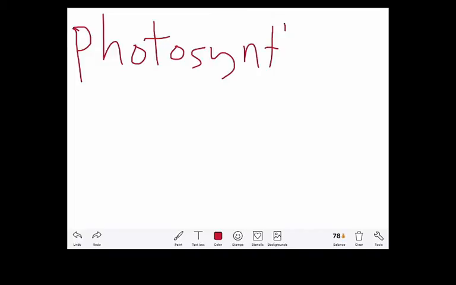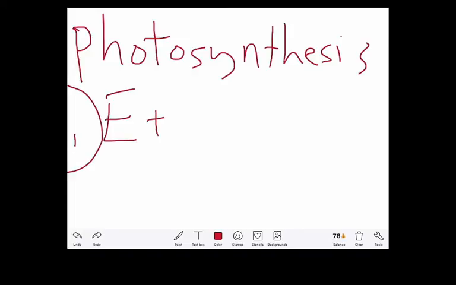I'm going to write the general equation for photosynthesis. The general equation for photosynthesis: plants are going to use radiant energy, that is, sunlight.